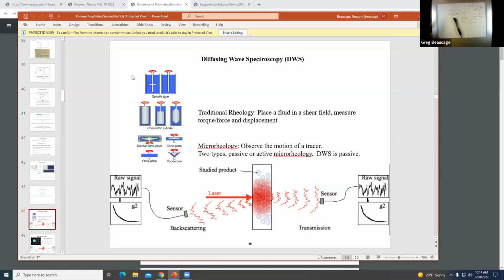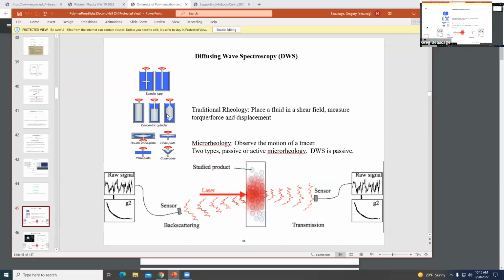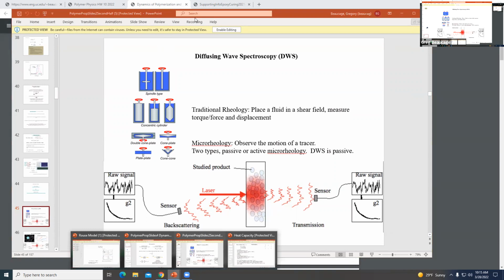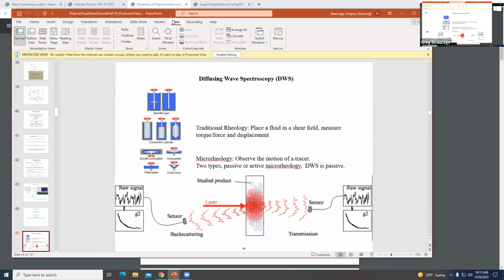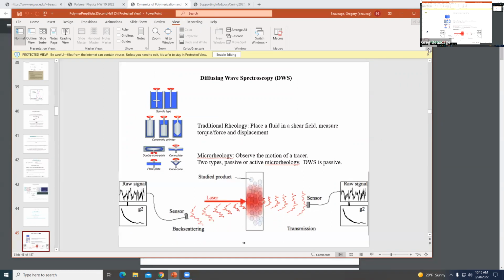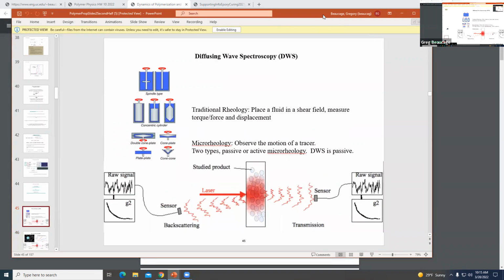Something's missing here. Let me go back and figure out how to do this. How do I get all the different presentations that are open? Oh, they're just hidden behind Chrome. Minimize the Chrome.